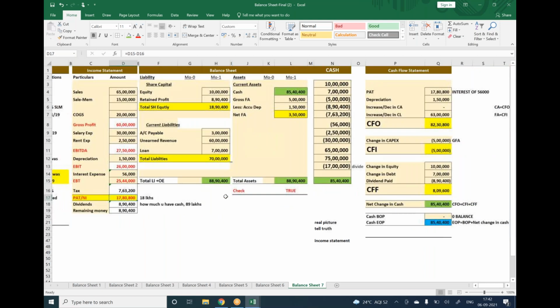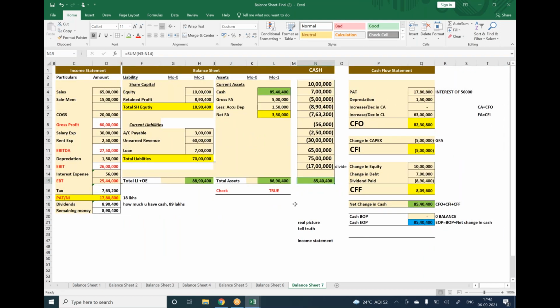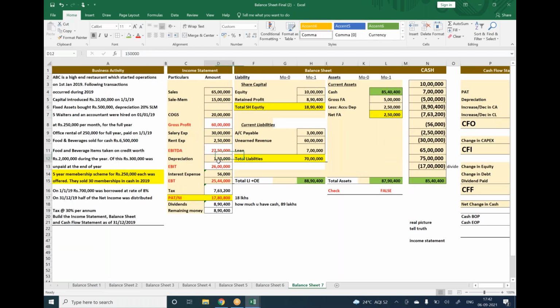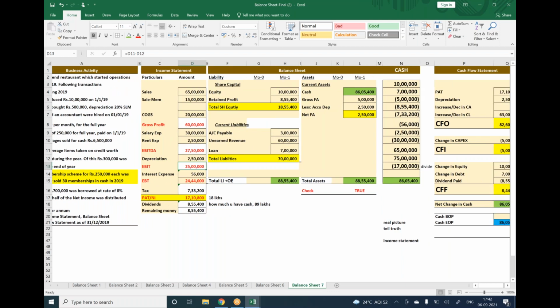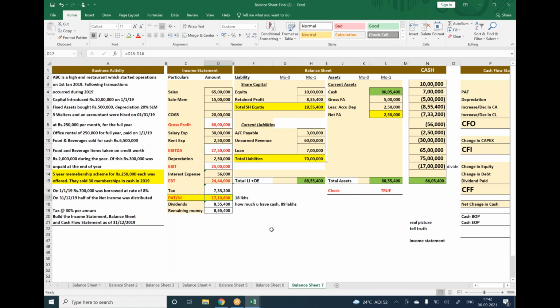But look at your cash. It still remains the same. I'll make it 30% to 50% and change the depreciation to 2. Still reduced, but your cash is still there.